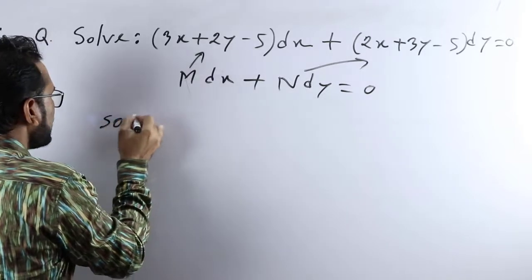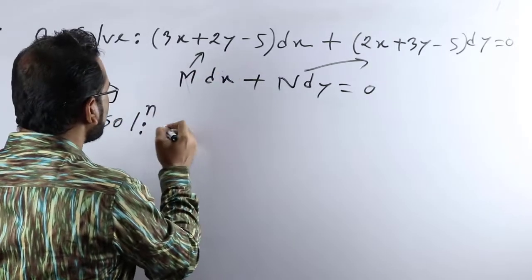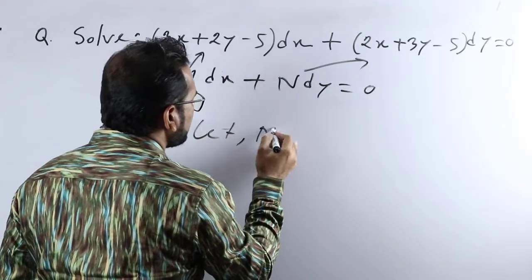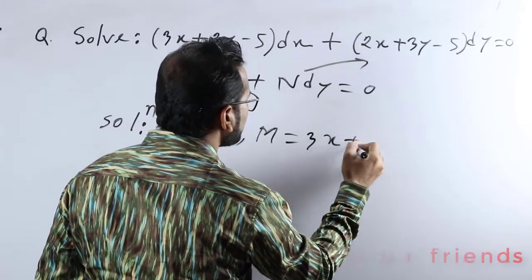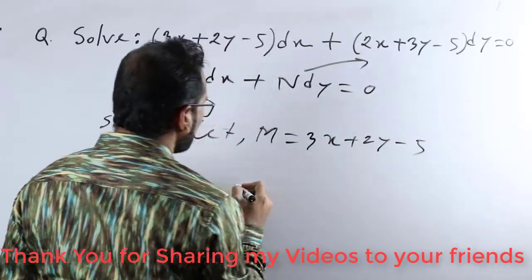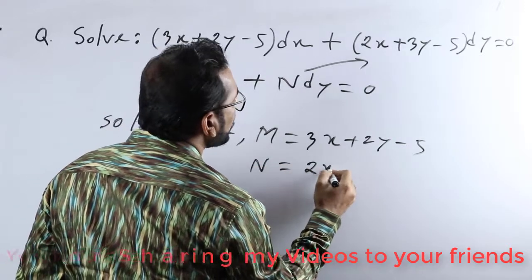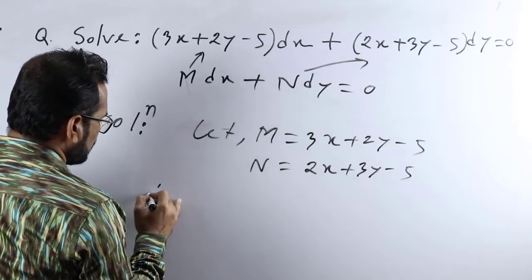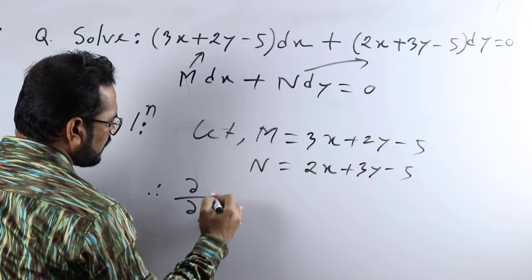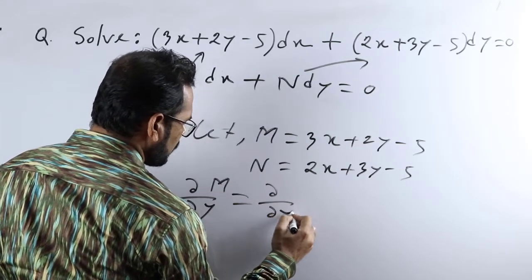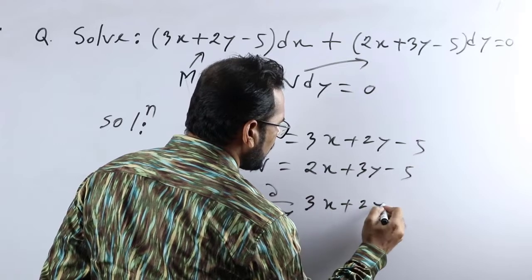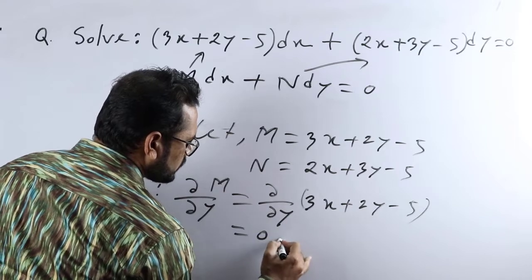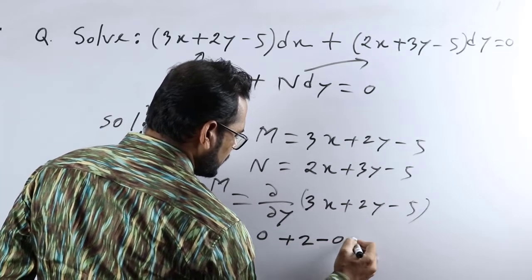Now going for the solution, I am writing M. Let M = 3x + 2y - 5 and N = 2x + 3y - 5. Now del y of M is equal to del y of (3x + 2y - 5), and then it will be 0 + 2 - 0, which is equal to 2.